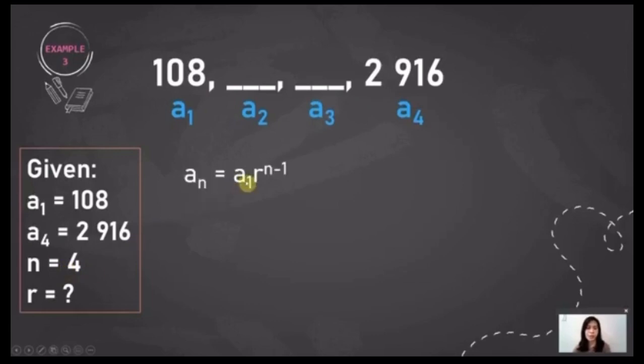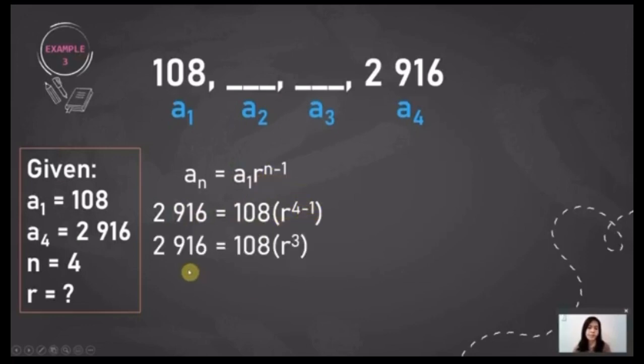Using our formula, let's substitute all the given. Our a sub n is 2916, a sub 1 is 108, copy r, change n to 4, and then minus 1. Next, copy 2916, copy 108, then 4 minus 1 is 3. Now let's isolate r cube at the right side of the equation.